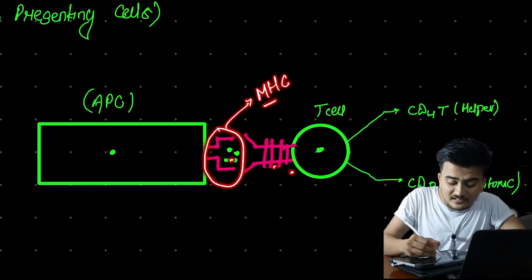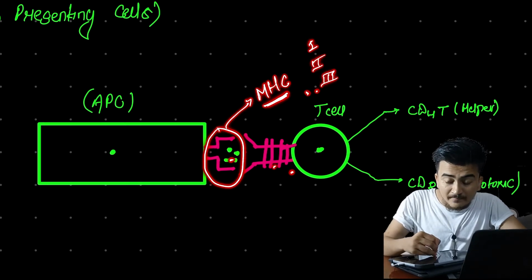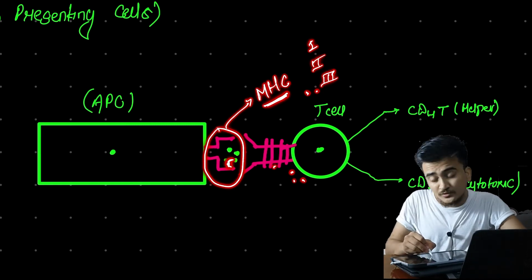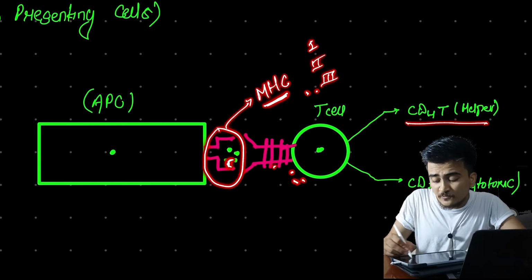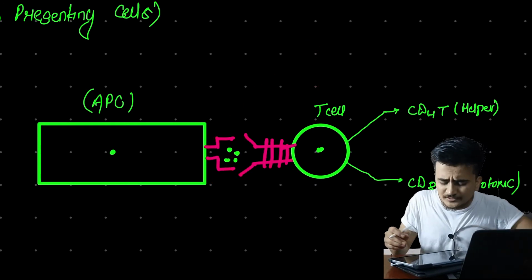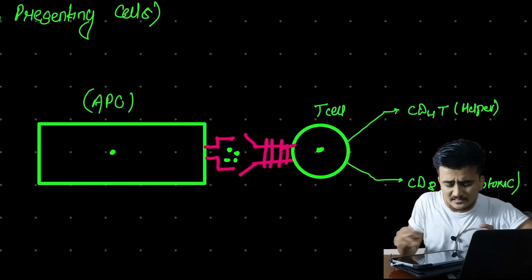There are several types of MHC, 1, 2 and 3. According to that, we will know whether it will be CD4 or CD8. That means we need to know about the different classes of MHC.